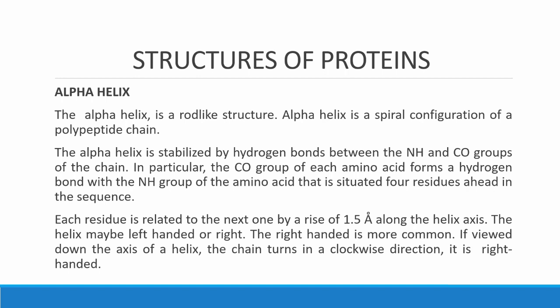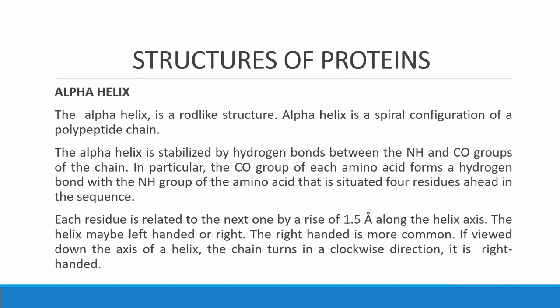That's how the hydrogen bond is formed. In the alpha helix, each amino acid is related by a distance of 1.5 angstrom, which equals 0.15 nanometer. For this alpha helix, we have the right-handed and the left-handed.